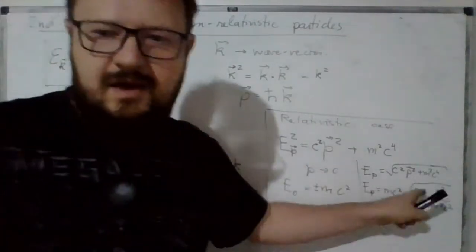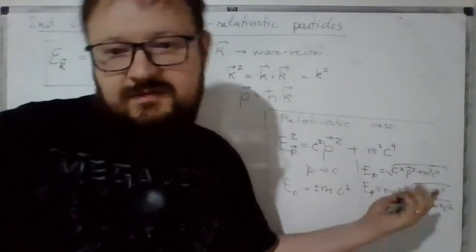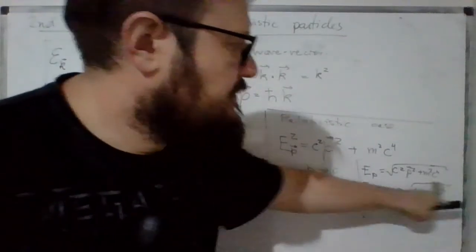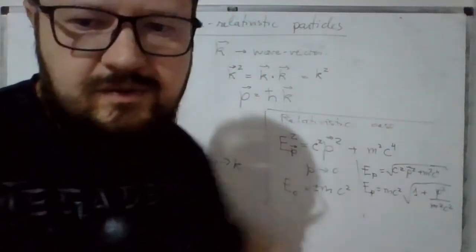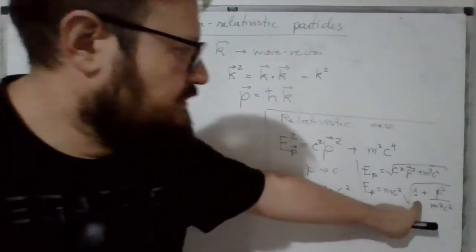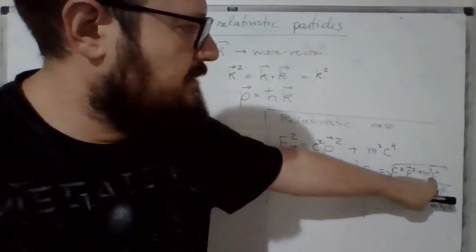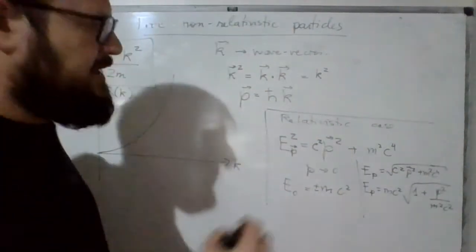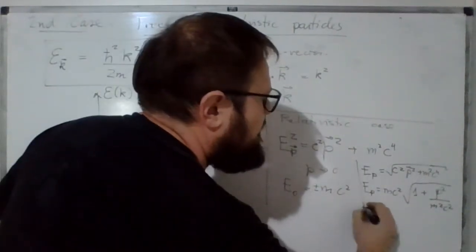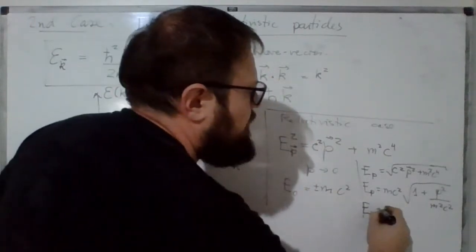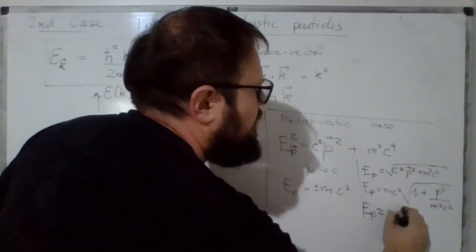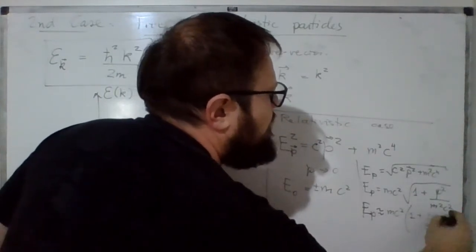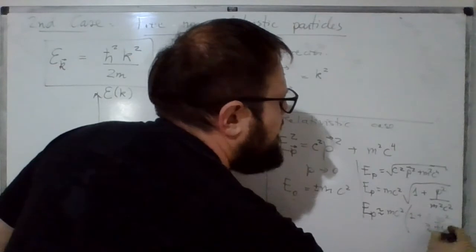Notice that now this factorization just produces a dimensionless factor in the square root here. And if this unit, which comes from the m squared c to the fourth, is the dominant aspect, you can rewrite it as E approximately mc squared times 1 plus half p squared over m squared c squared.